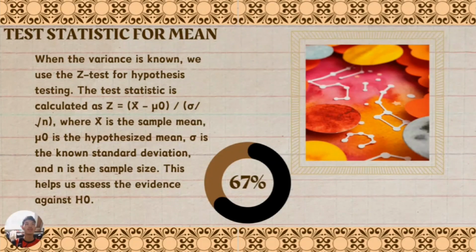The test statistic for the mean. When the variance is known, we use the z-test for hypothesis testing.